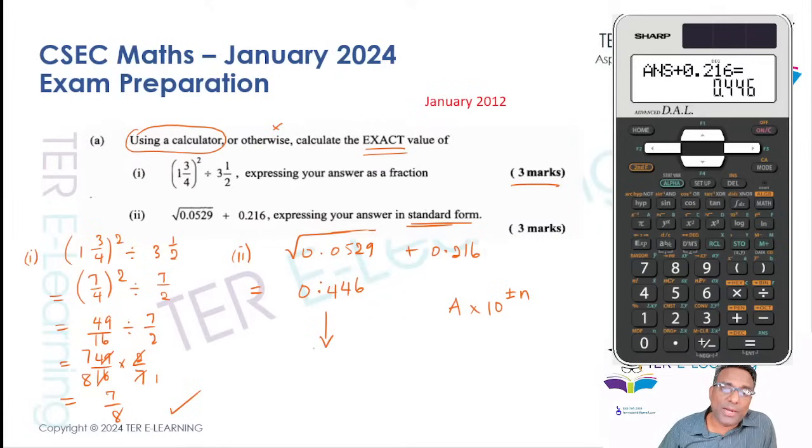So what I'm going to do is take this decimal point and move it one place to the right. So you're going to get 4.46 multiplied by 10 to the power. Now, anytime you're moving the decimal point to the right, the power is going to be negative, and I moved one decimal place to the right, so it's going to be 4.46 multiplied by 10 to the minus 1.